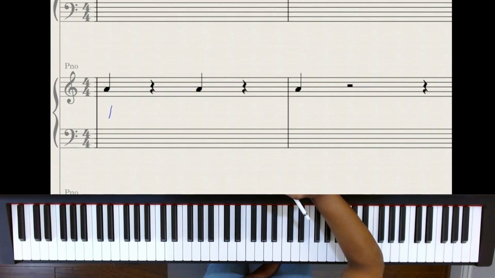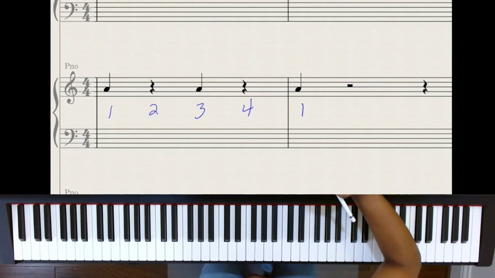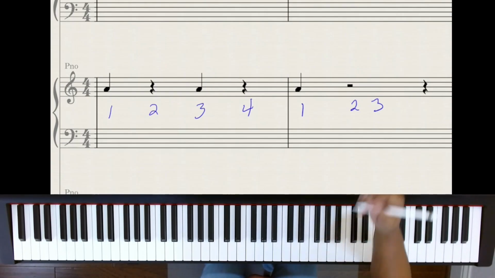We're going to be resting on beat 2, come in on beat 3, rest on beat 4, all right? And then the next measure, beats 2 and 3 are for the half rest, because the half rest gets 2 beats of silence. And then beat 4 is our quarter rest.